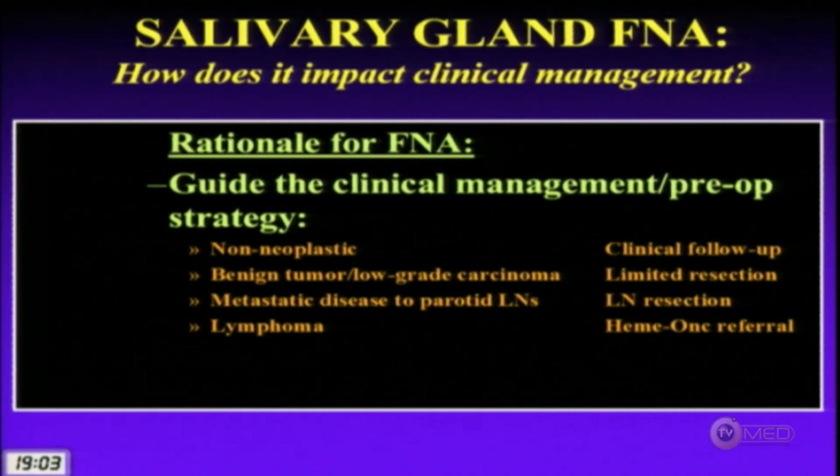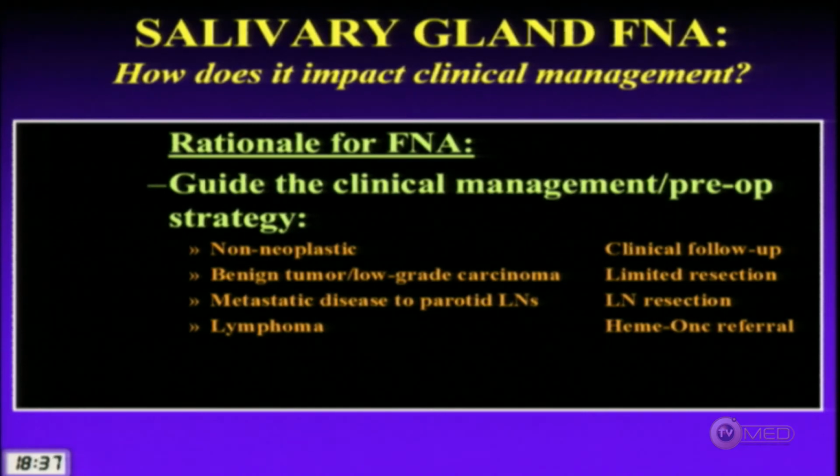If I can call the lesion a benign tumor, or it's in this SUMP category, it could be a low-grade carcinoma, I'm not sure, the patient will most likely go on and get some kind of limited resection of their tumor, but they're probably not going to get a neck dissection, and the clinician's going to avoid any kind of nerve sacrifice.